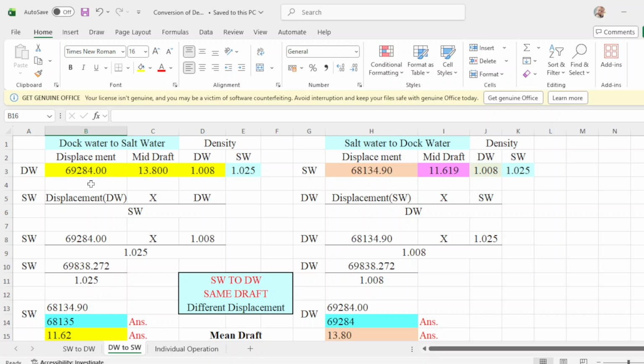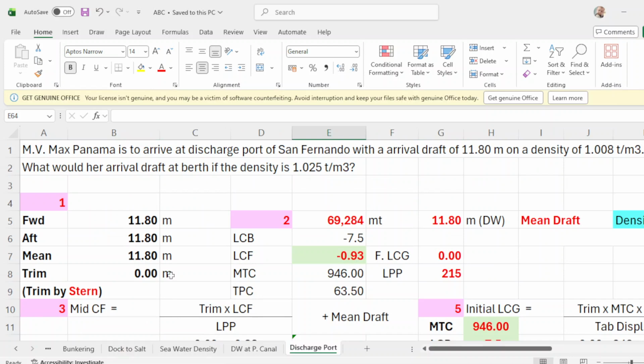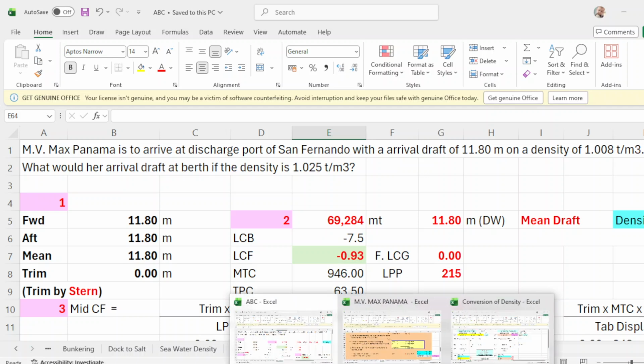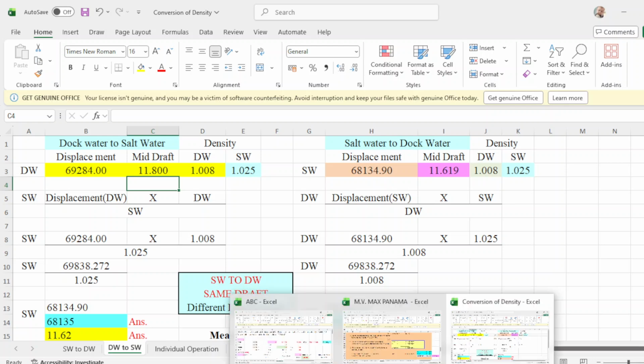So since we have a dock water final drop here of 11.80, put there 11.80. Okay. And the displacement, how much is the displacement?